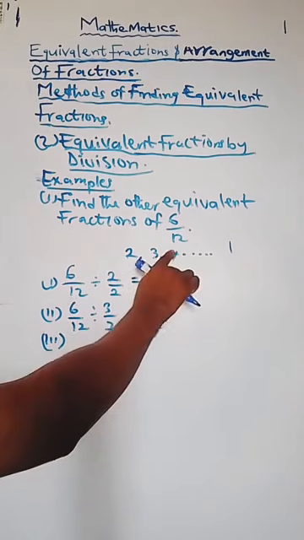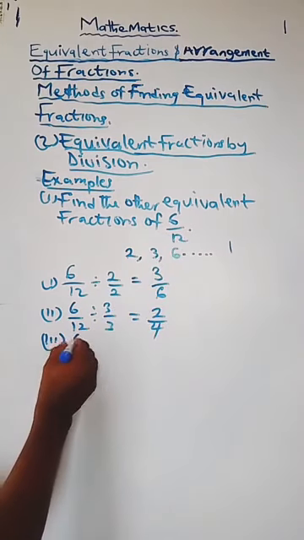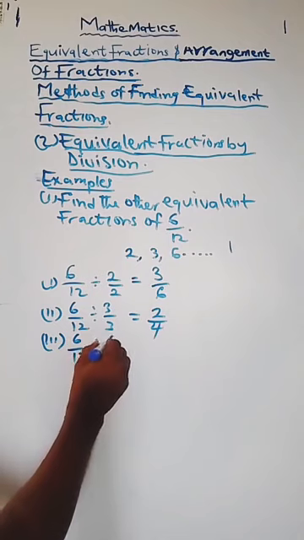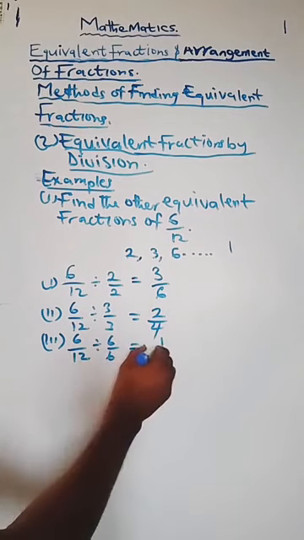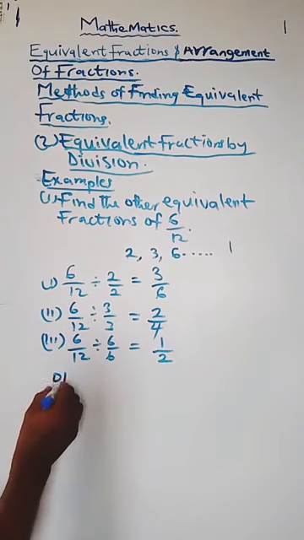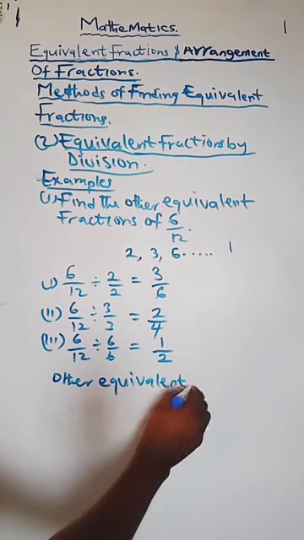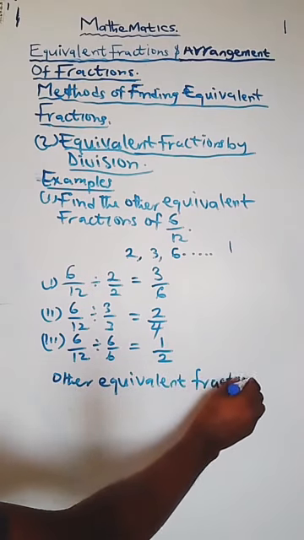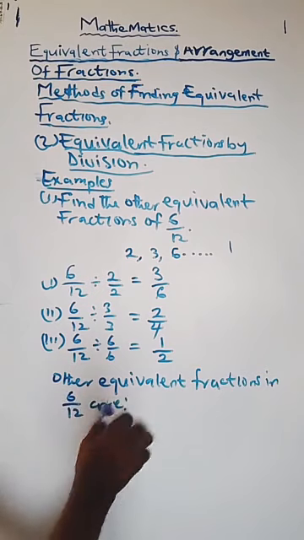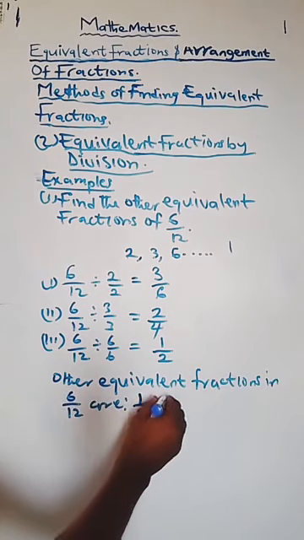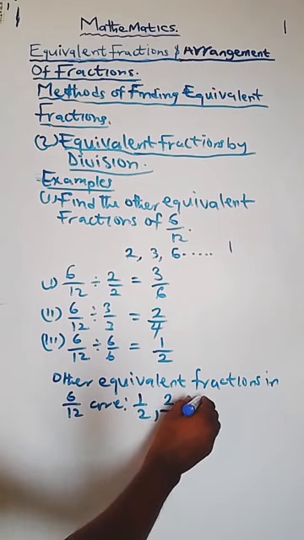4 cannot divide 6, so we skip it and go to 6. So this will be 6/12 divided by 6/6. 6 divided by 6 is 1, 12 divided by 6 is 2. So other equivalent fractions in 6/12 are 1/2, 2/4, and 3/6.